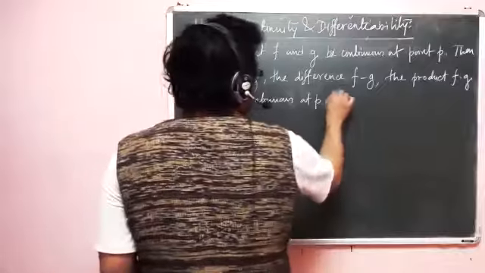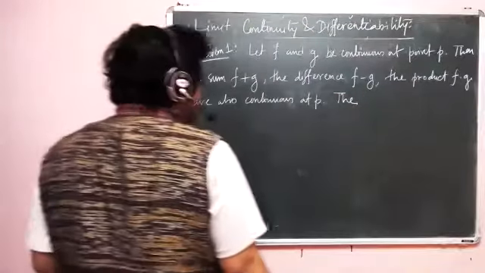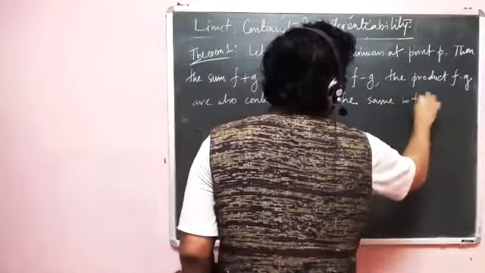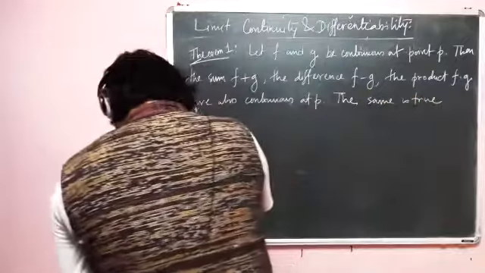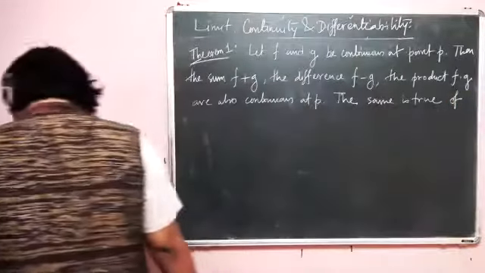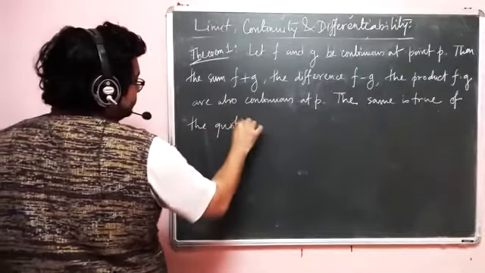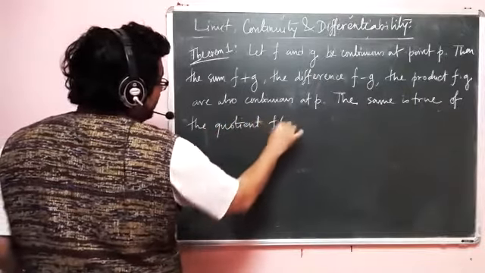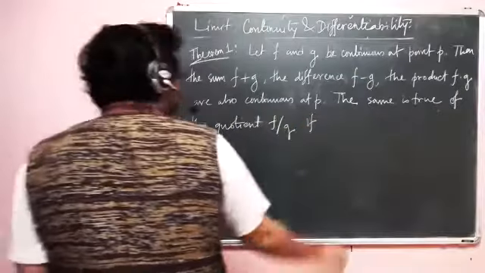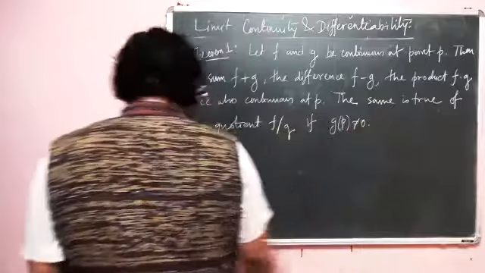Okay. For the quotient, you can understand, you have to define a little extra. So the same is true of the quotient f by g if g of p is not equal to 0.